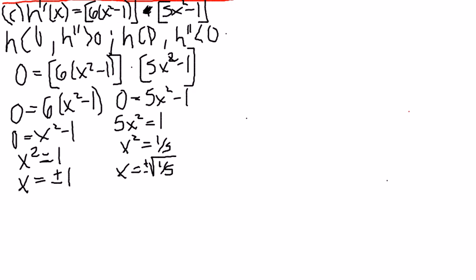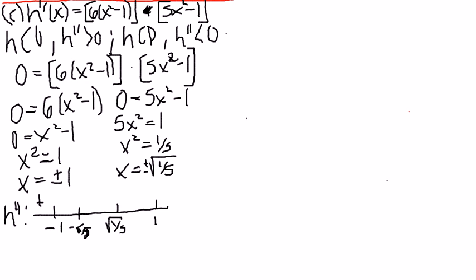So then next we will do a number line of h double prime, and we see that we have zeros at -1, negative root 1/5, which is about 0.44, it's a little messy, positive root 1/5 and positive 1. When we plug in a -2, we'll get a positive.